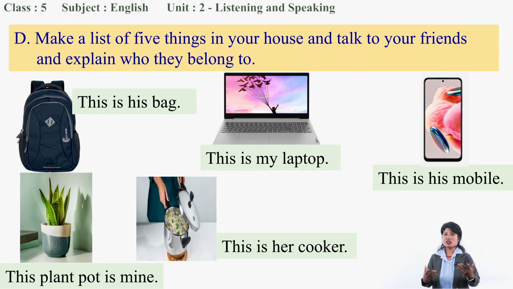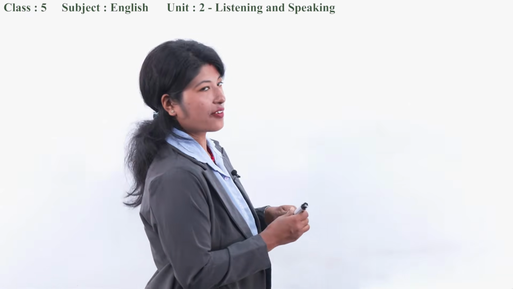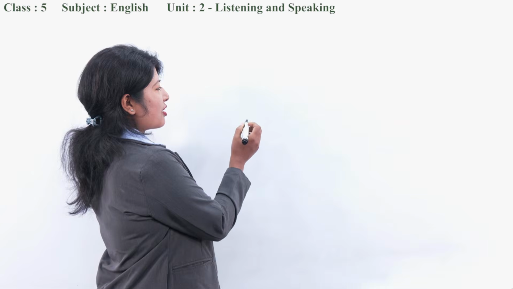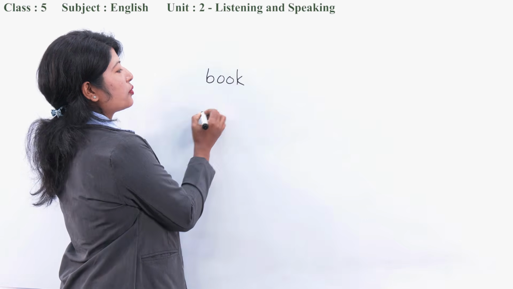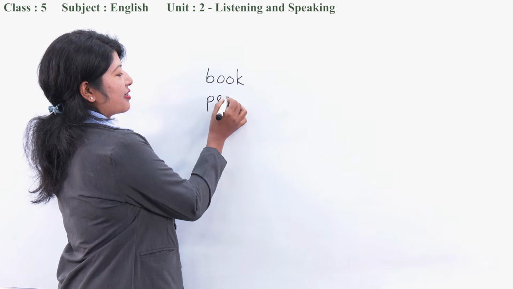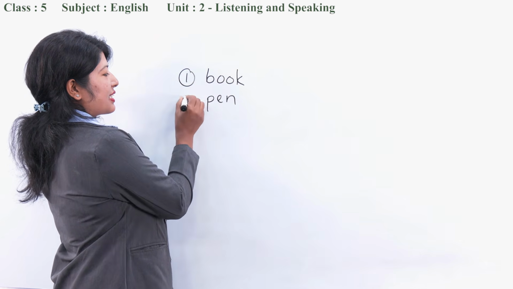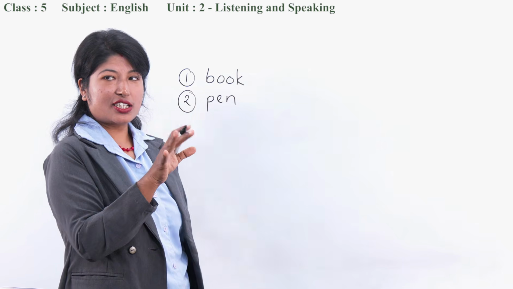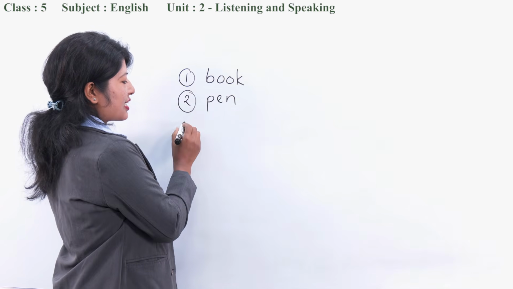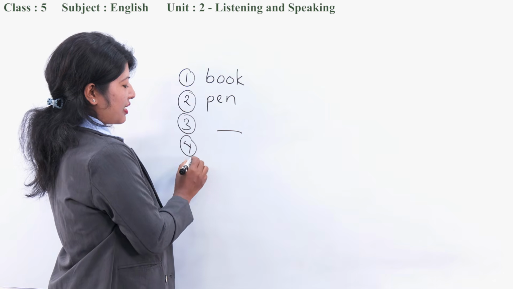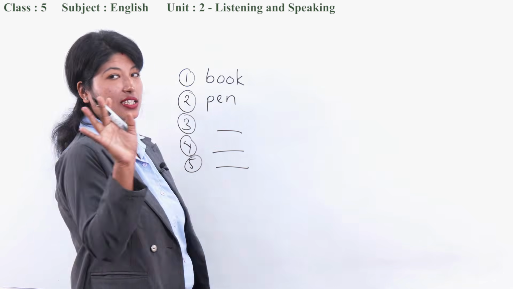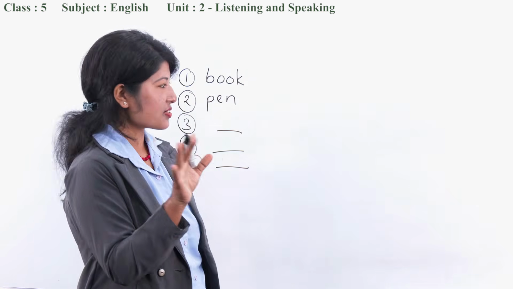So, some more stuff like, okay, let's look at the board. Finally, we are writing something over here. Okay, let's say book, pen, right? So, in this last activity, you make a list of things, like 3, 4, and then 5. Just like in the slides, make 5 items.